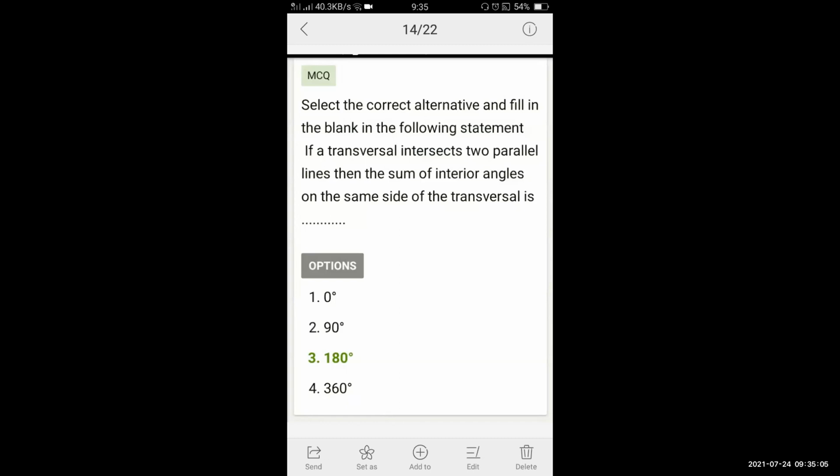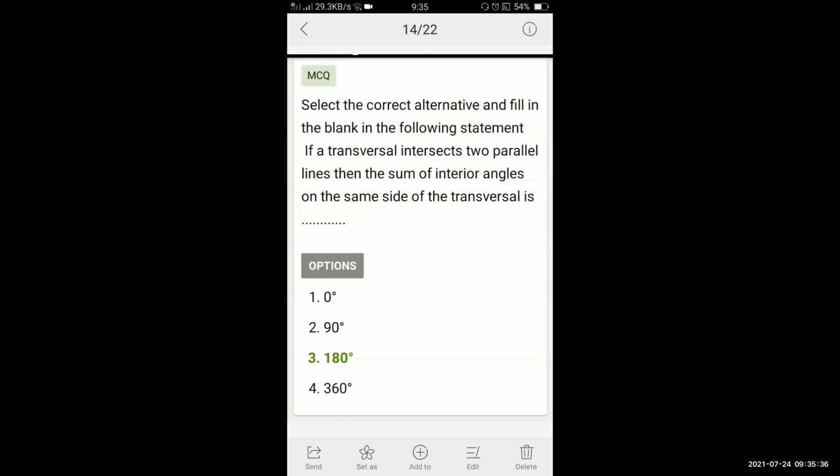We all know that if a transversal intersects two parallel lines, then the sum of interior angles on the same side of the transversal measures 180 degrees, because they are supplementary. So the option to choose here, you can see it in green, is option number 3, 180 degrees.